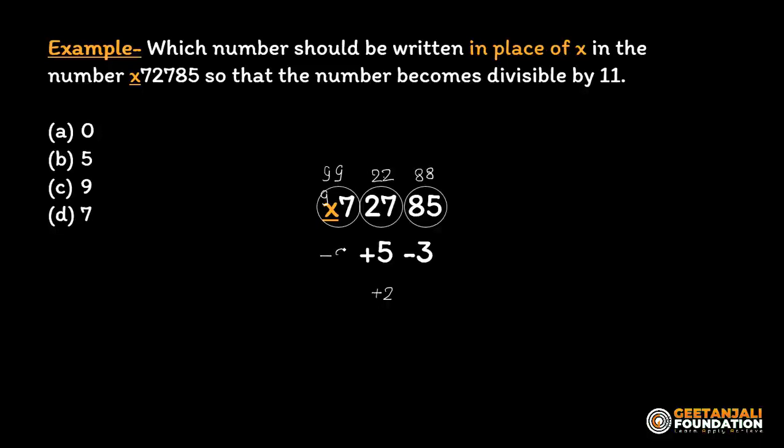So the difference is going to be minus 2, and minus 2 plus 2 is going to get cancelled and your answer is 0. So the sum of the differences is coming 0. Therefore, the number 972785 will be divisible by 11. Therefore, the digit which you will place in place of x will be 9.